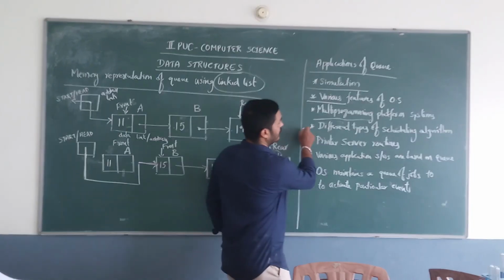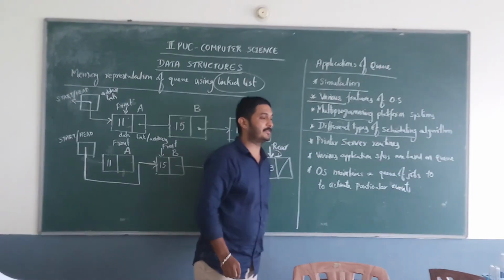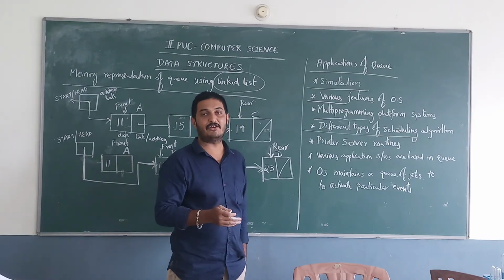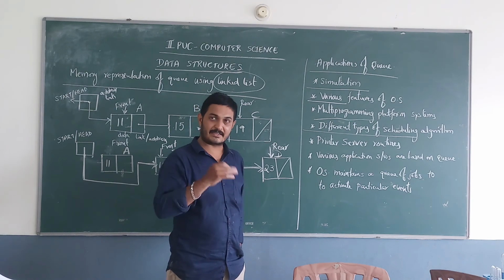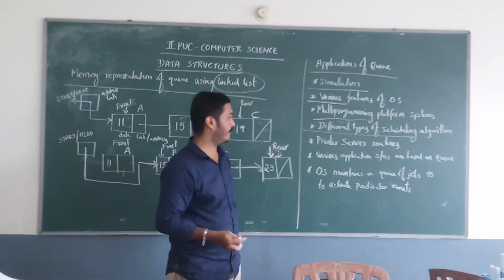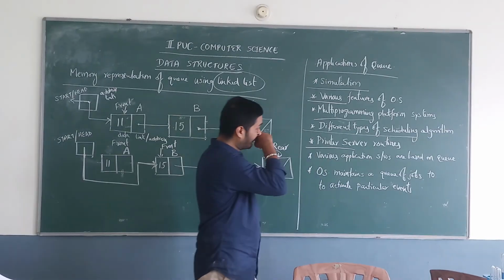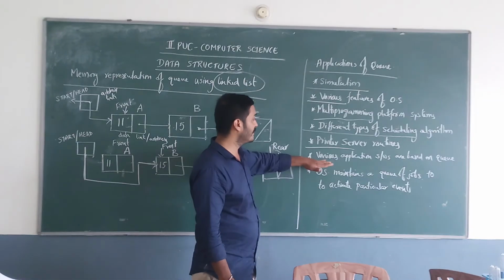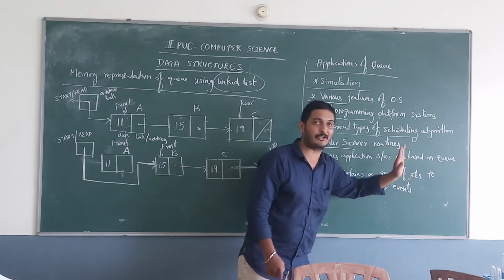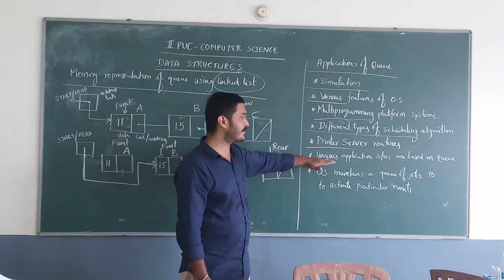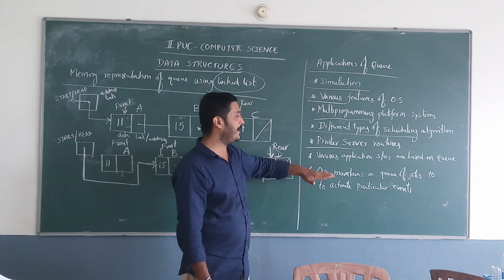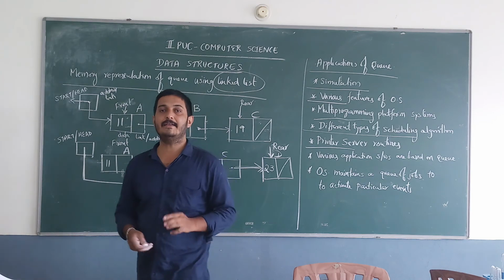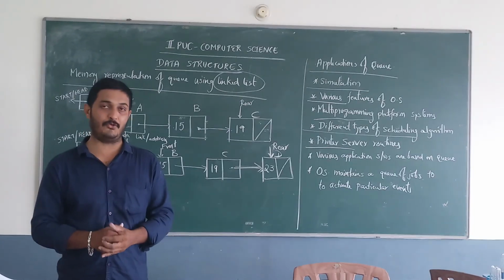The next one is different types of scheduling algorithms, like round robin scheduling and first come first serve, first in first out, etc. Next is printer server routines, where we can also use a queue on a first come first serve basis. Next, various application software based on queues. Next, the operating system maintains a queue of jobs to activate particular events. These are different applications of the queue data structure.